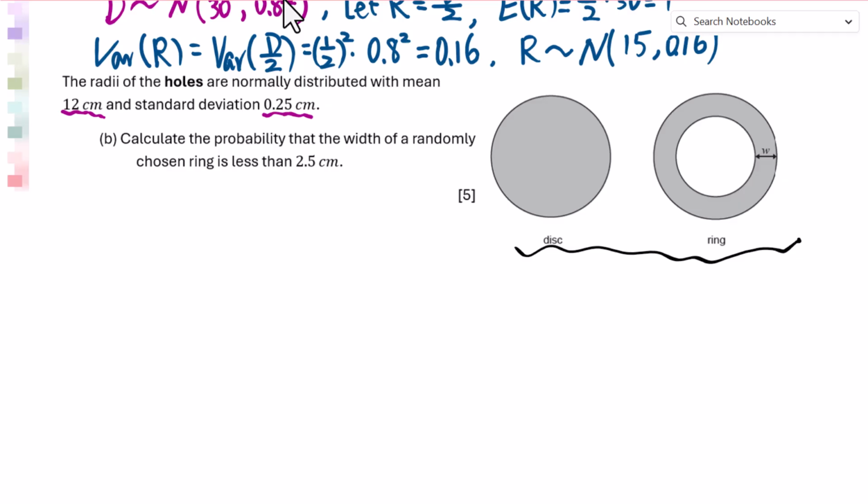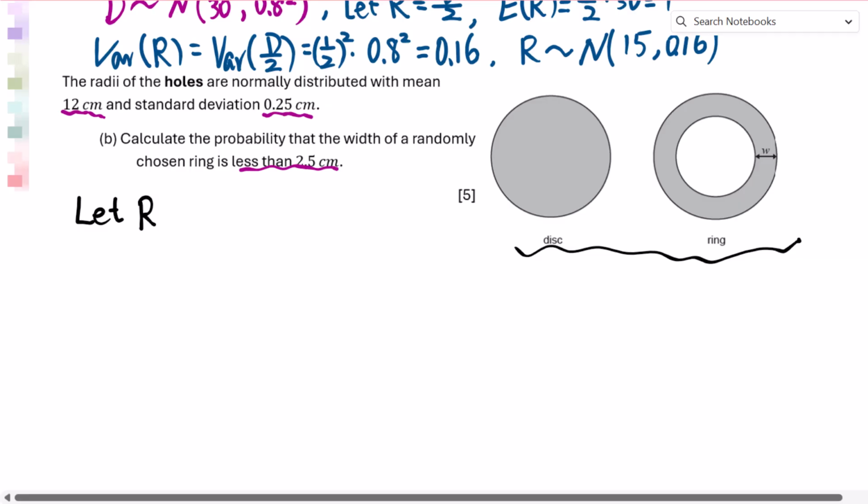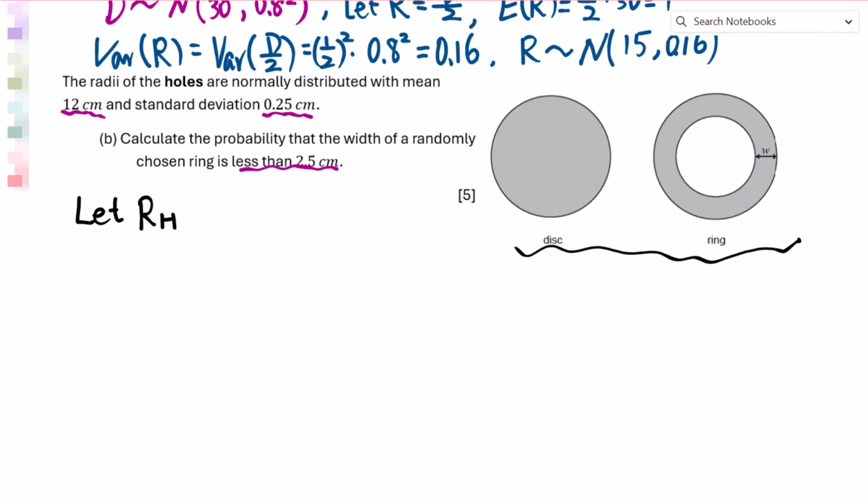Calculate the probability that the width of a randomly chosen ring is less than 2.5 centimeters. Let R sub H follow a normal distribution with a mean 12 and standard deviation 0.25.